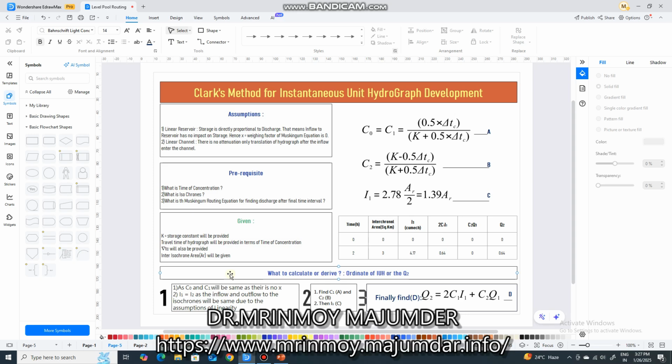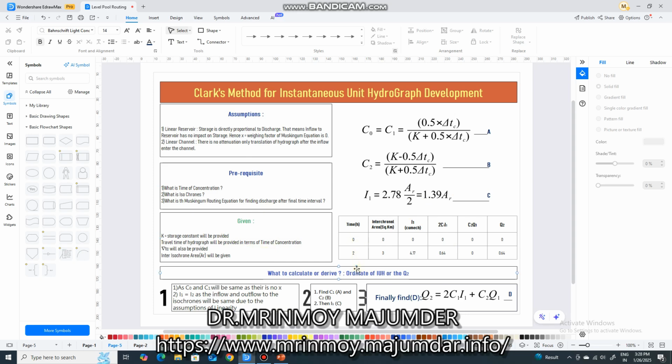Then try to calculate C2 with equation B. So once you have calculated C2, calculate I1 with the help of the isochronal area and these formulas, equation C. They'll make a table. You will be provided with the storage constant, which in this case is 12 hours. Travel time of the hydrograph will also be provided.